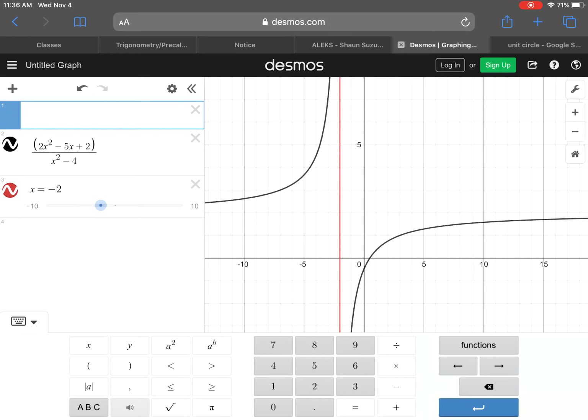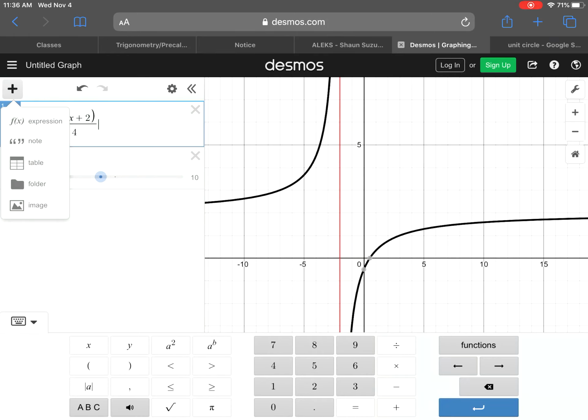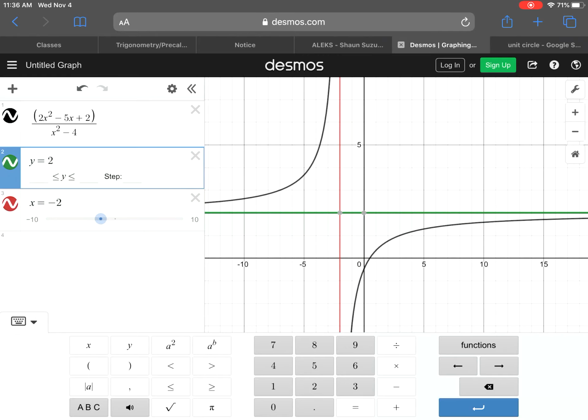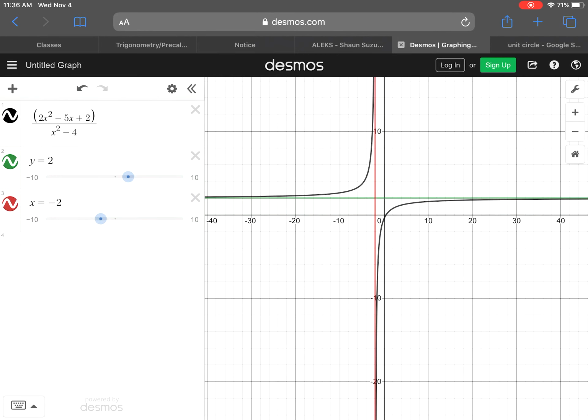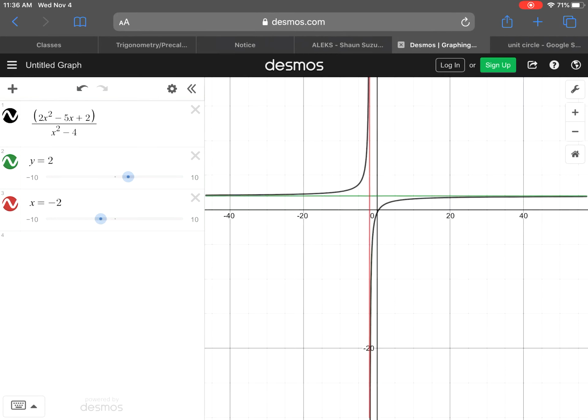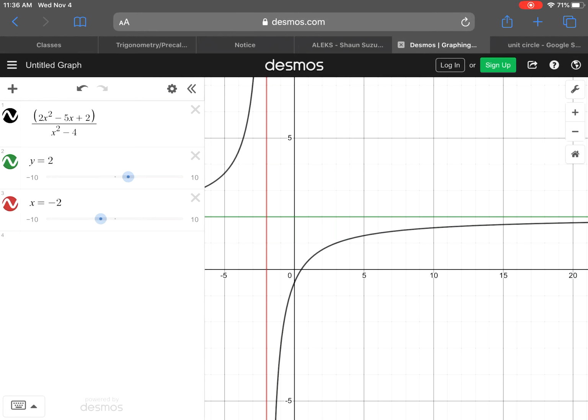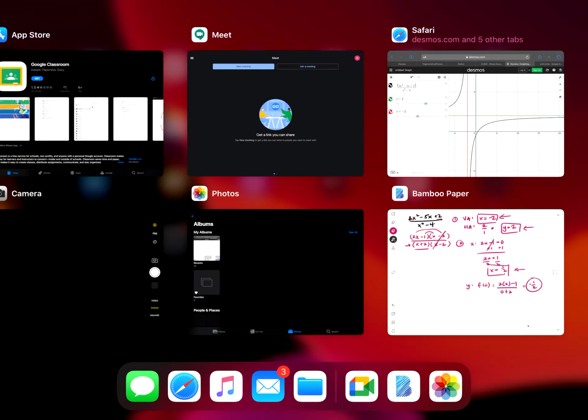Wait, not an expression. It's the wrong one. Oh yeah, that is an expression. y equals 2. And as you can see here, if we keep pulling this out, that black graph line gets ever and ever closer to that green asymptote line. So it shows our end behavior. So everything checks out. All right, so that's it for today.